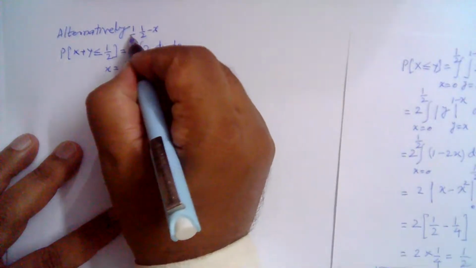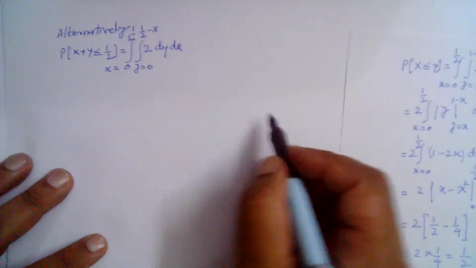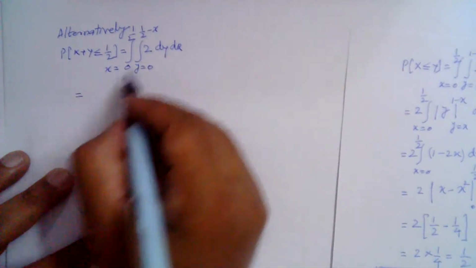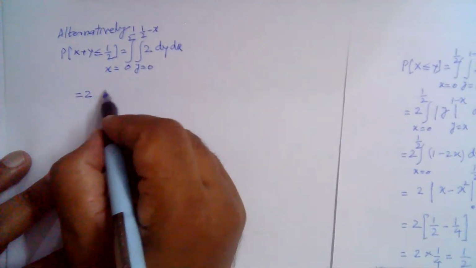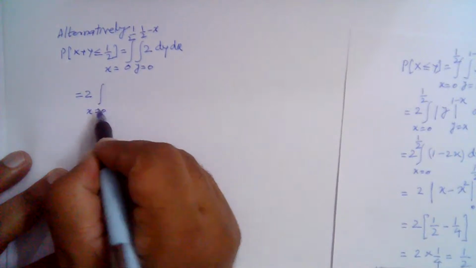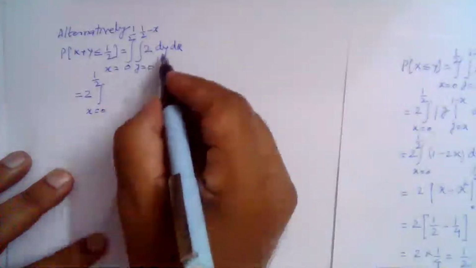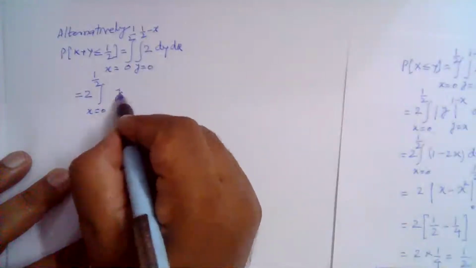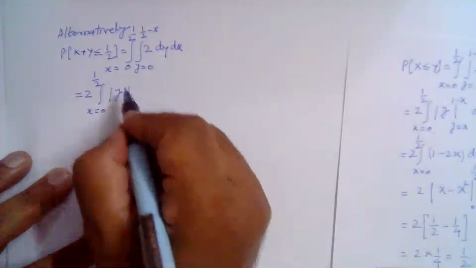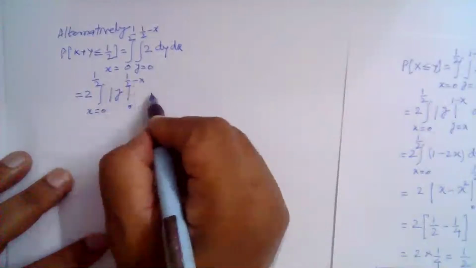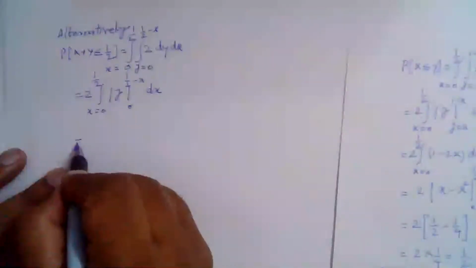So these are the limits of integration now. So 2, this constant, can be taken out. So x is equal to 0 to 1 over 2 here, and integration with respect to y gives us a y here. It's from 0 to 1 over 2 minus x, and dx, right?